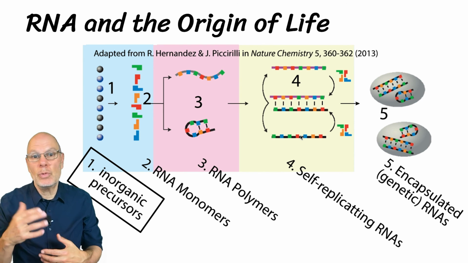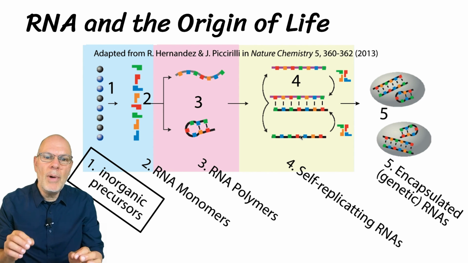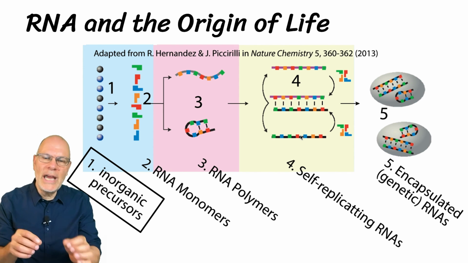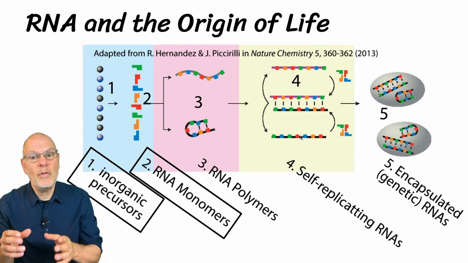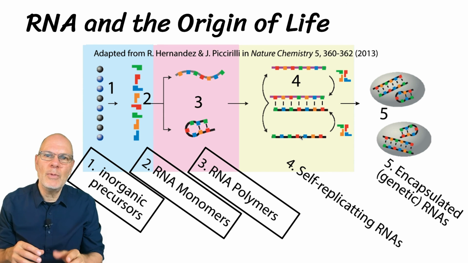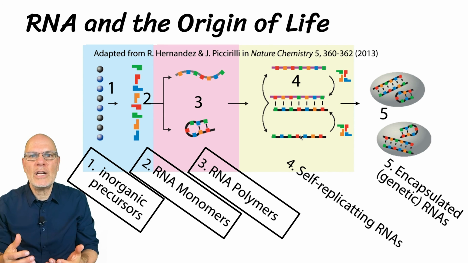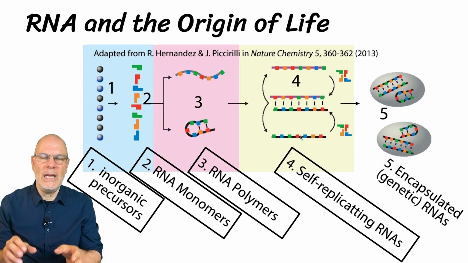Those molecules, through inorganic processes, not processes that happened in cells, were combined to form molecules like the nucleotides that make up RNA. Those combined to form polymers, and at some point systems of those polymers together formed systems that could replicate themselves. That is sometimes referred to as the RNA world.